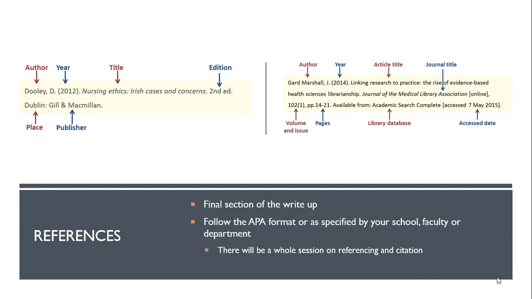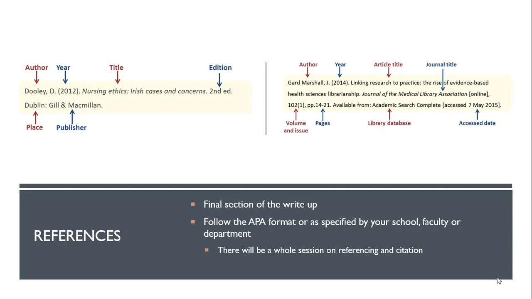So David Dooley, you have D representing the initials. Then you have the year in bracket depending on which format you're following, the title, the edition. That is if you have a book that has a number of editions.